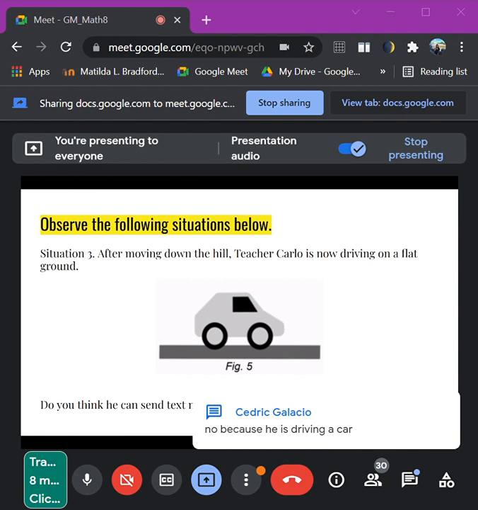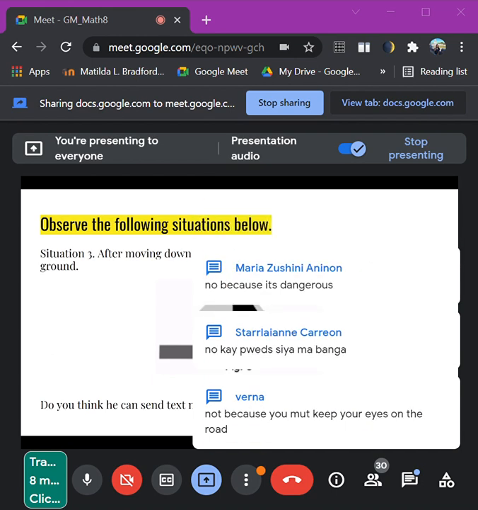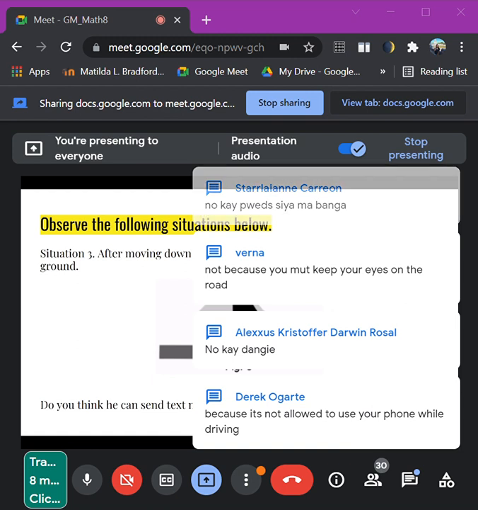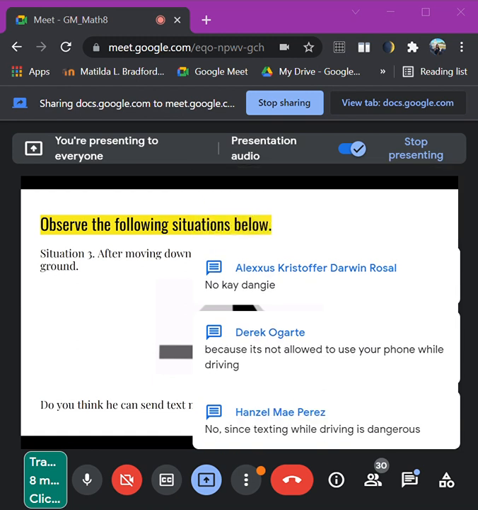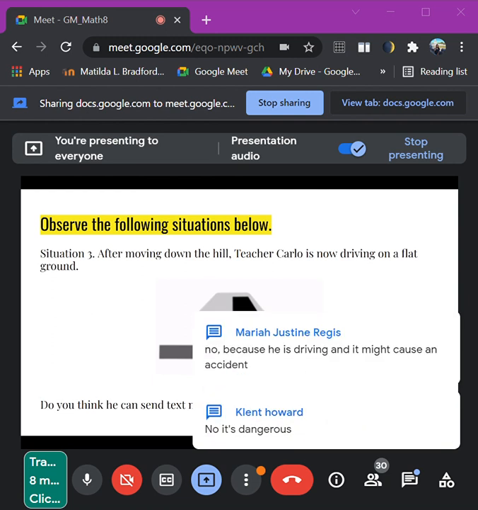No, because he is driving a car. No, because it's dangerous. Because you must keep your eyes on the road. Because it's not allowed. Okay, which is very good, class.